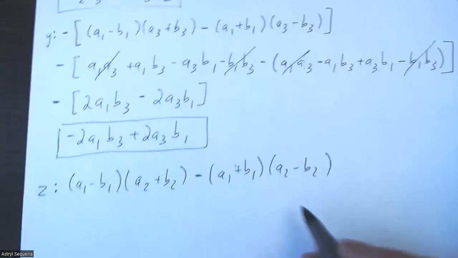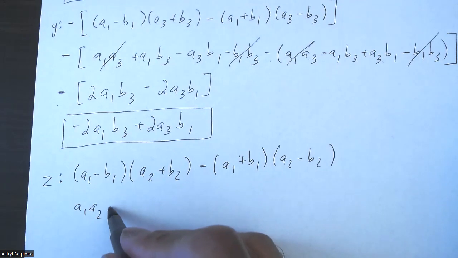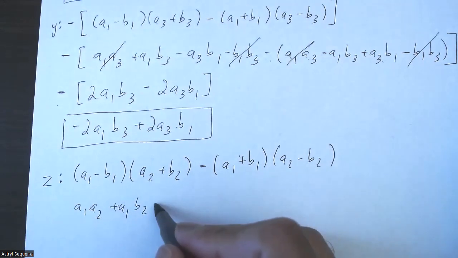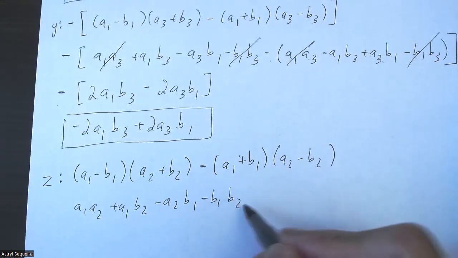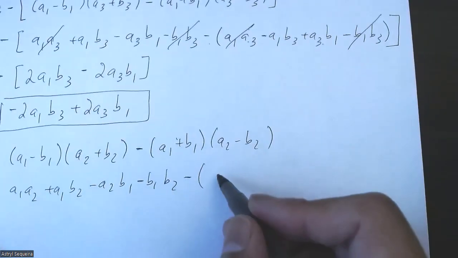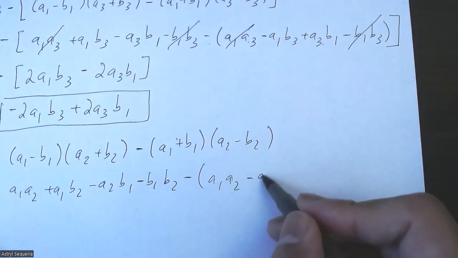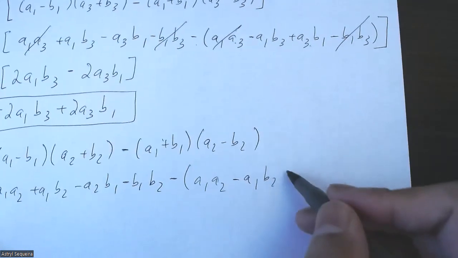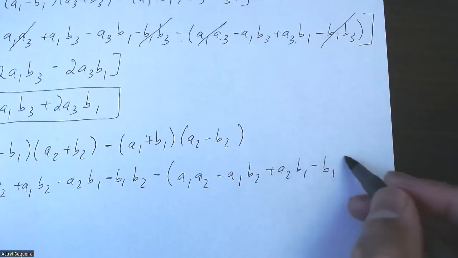Steps are exactly the same. Solution will look very similar. A1A2 plus A1B2 minus A2B1 minus B1B2, minus bracket, FOIL all these out: A1A2 minus A1B2 plus A2B1 minus B1B2.